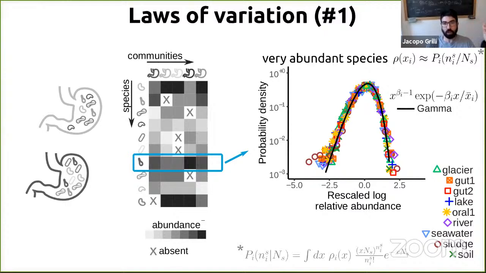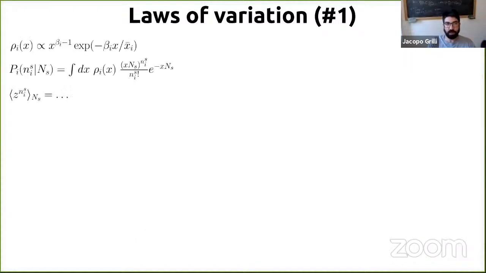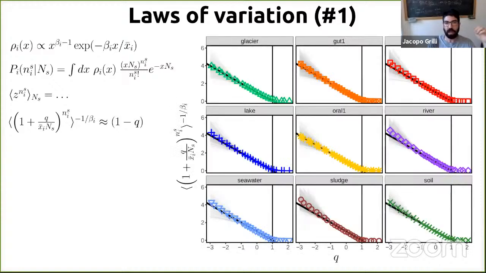Now, this is true for very abundant species. You can ask, is this true also for rarer species? To do that, you have to remove the effect of sampling errors. A simple way to visualize it is to compute from the data the moment, something related to the moment generating function, do a proper rescaling, and basically what you get is a prediction assuming that the data are gamma distributed, and this is what you find.